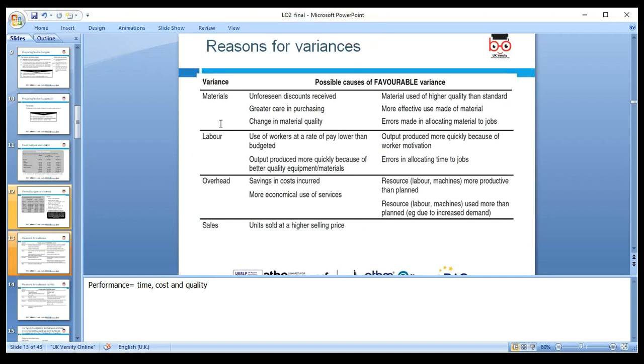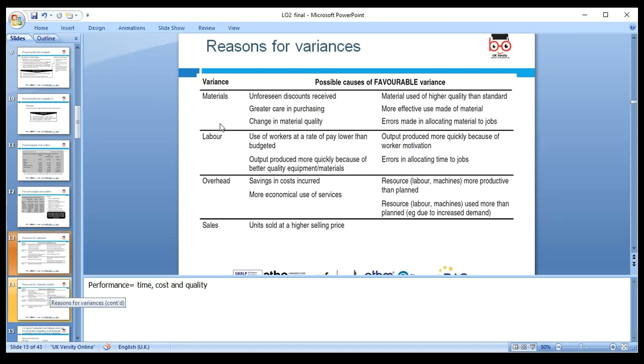That can lead to problems in the long run. We also discussed that you can hire labor from an agency to save cost. The rate may be lower, but overall you have to think about what impact there will be on the product. So these are all the causes of variance.